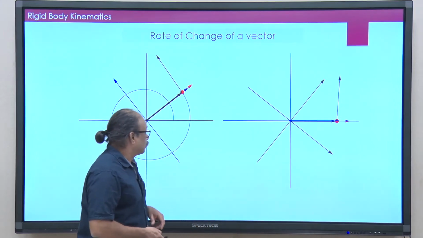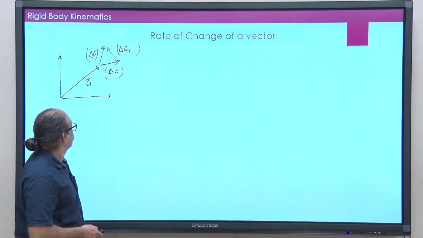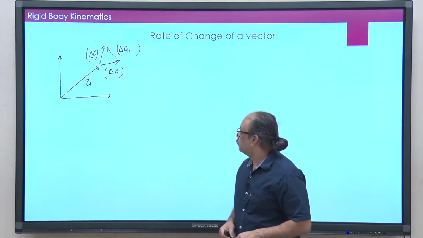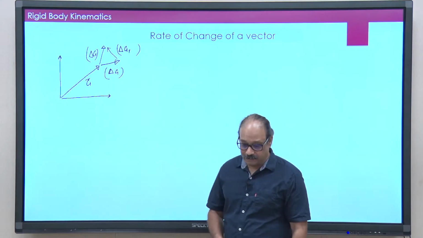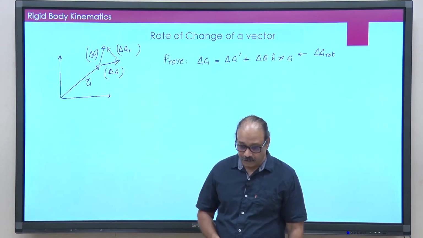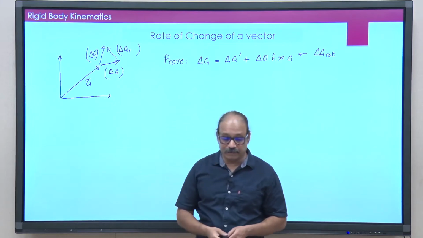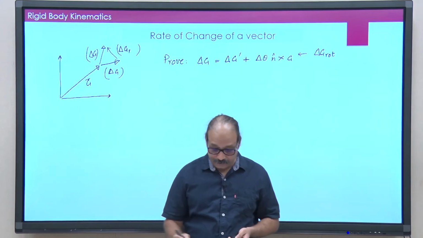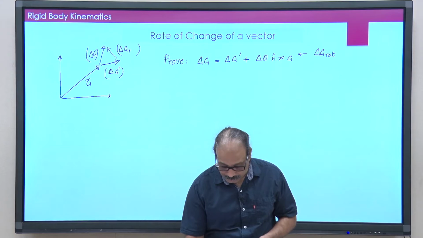Now, let me try to get this result slightly more formally. So, what will happen is this, if I have a g vector, and this g vector is seen by two different coordinate systems, and here we would have delta g prime.